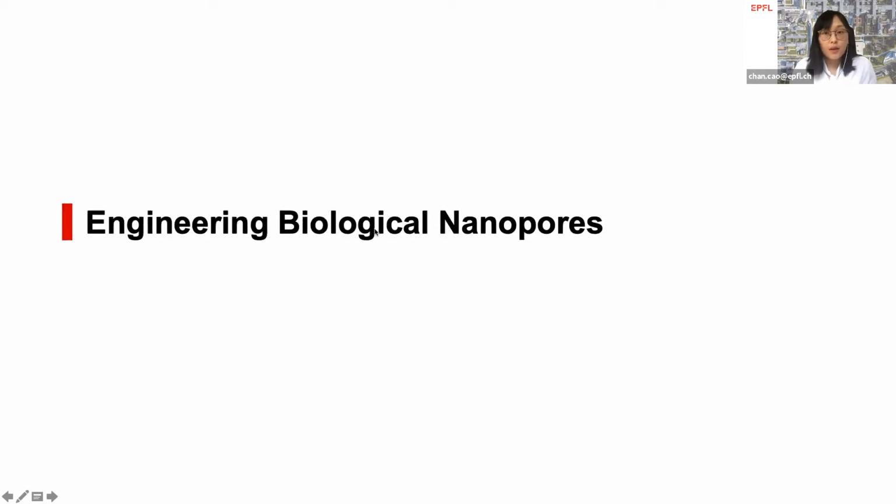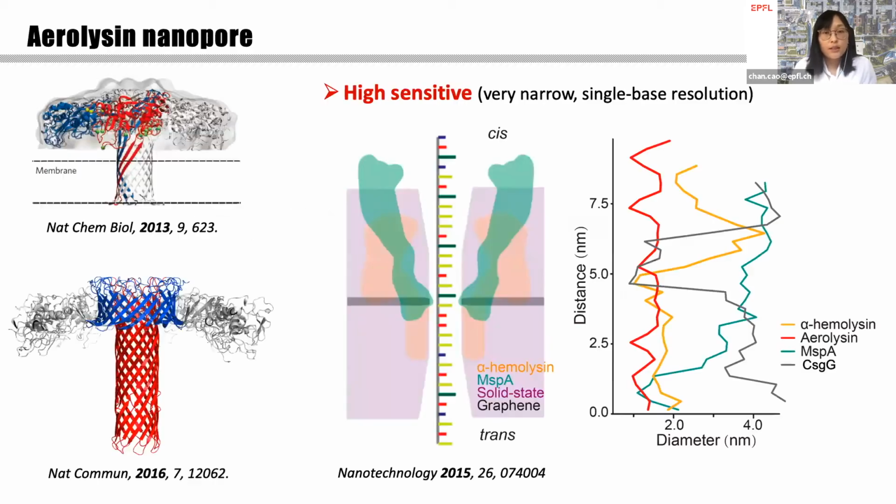For engineered biological nanopore, we did it based on the aerolysin protein, a founding member of the beta pore forming toxin, whose structure has been well studied in the past 30 years. Actually, most experts are located in Switzerland, EPFL, and the Bern University. As a nanopore sensor, aerolysin has two fundamental advantages I want to highlight here. First, high sensitivity.